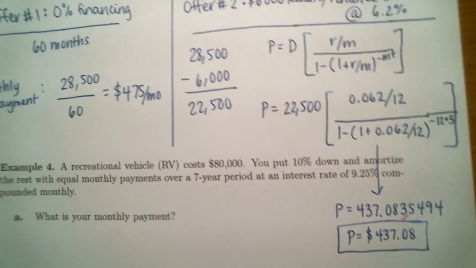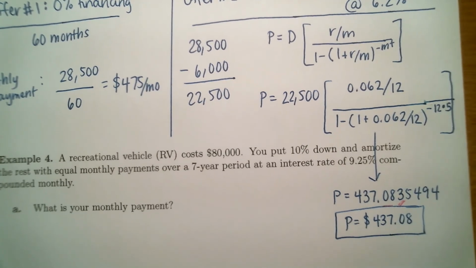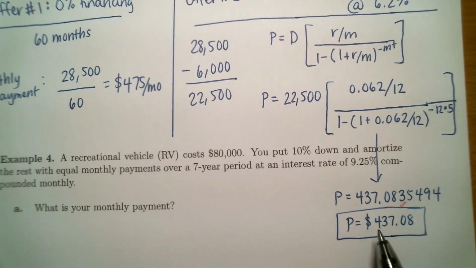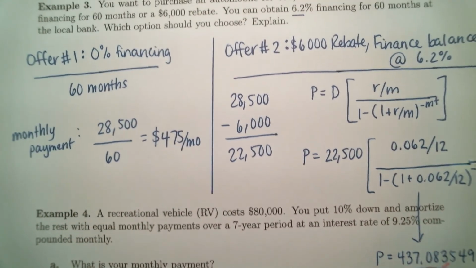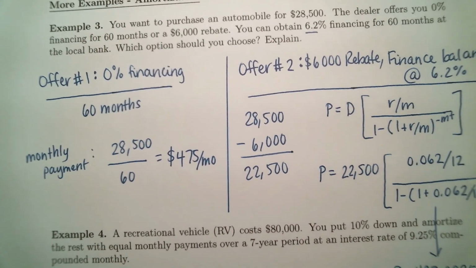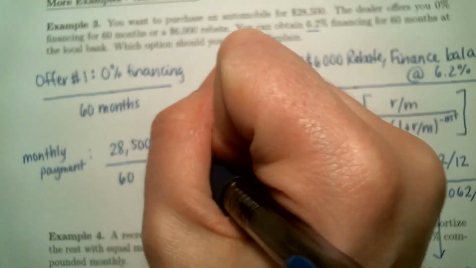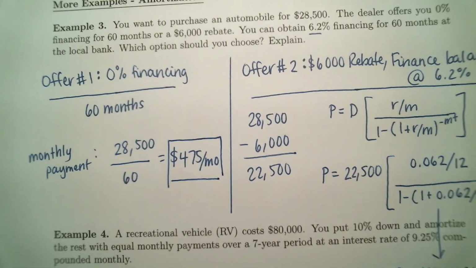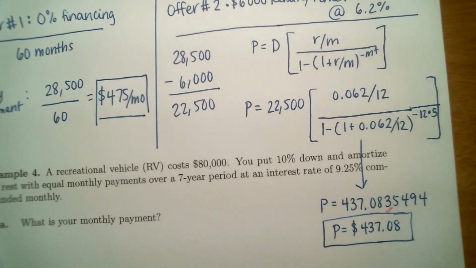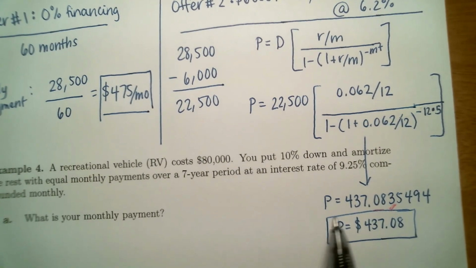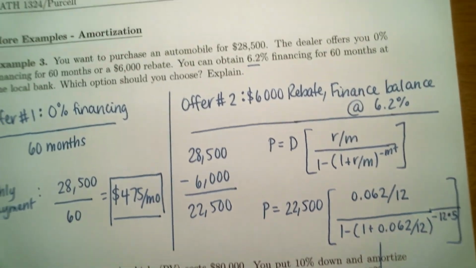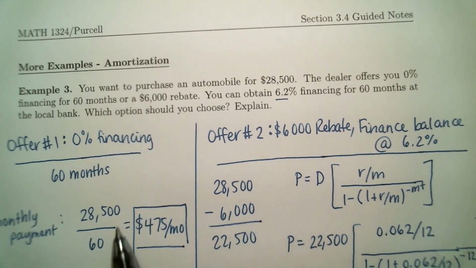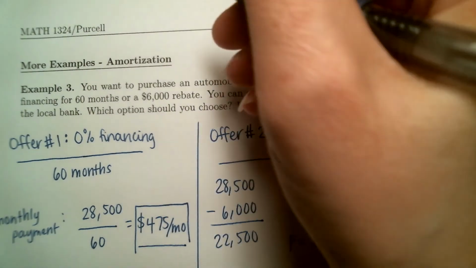So now you can compare the two options. If you go with the rebate, you're going to be paying $437.08 a month. Whereas if you go with the 0% financing, meaning no interest, you would be paying $475 a month. So the cheaper monthly payment is going to be to go the rebate option. That's the answer, because the question asked which option should you choose.